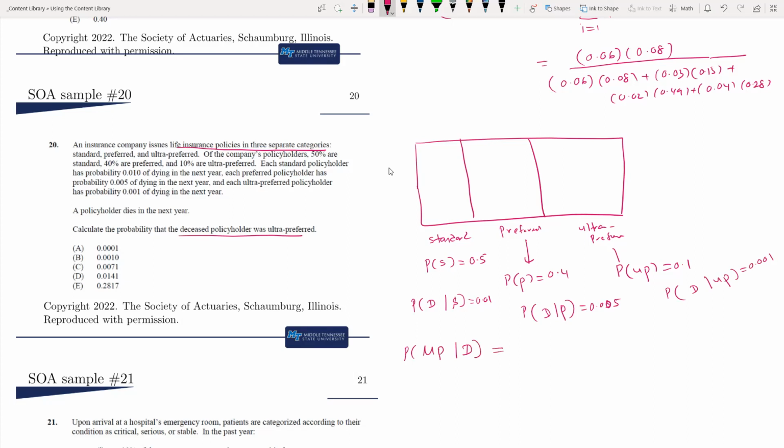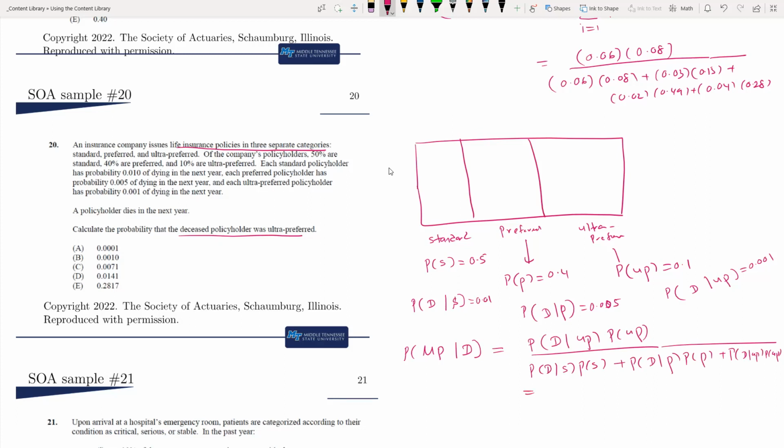So we can use the Bayes theorem. You change the order: death given ultra preferred, the probability of ultra preferred, and then you sum up across all the partitions. All these values are given, so you can just substitute.